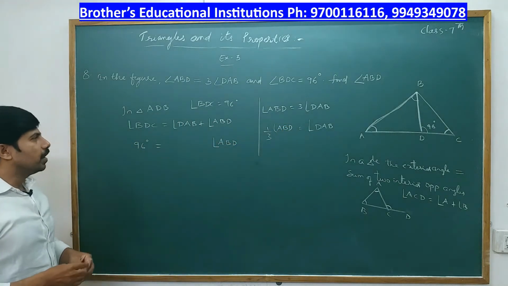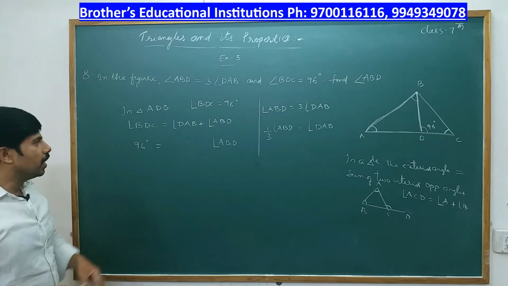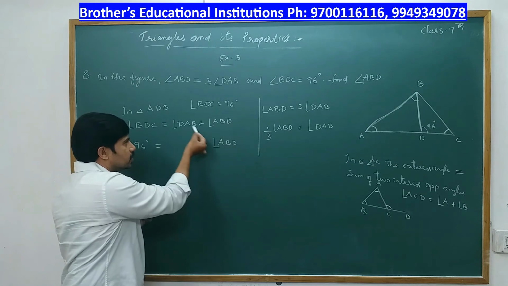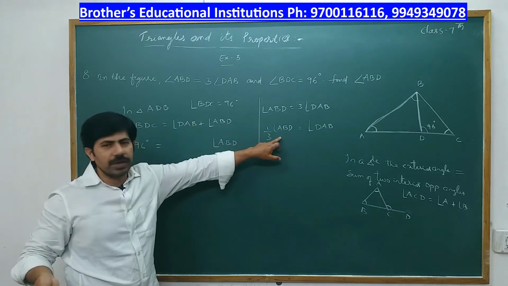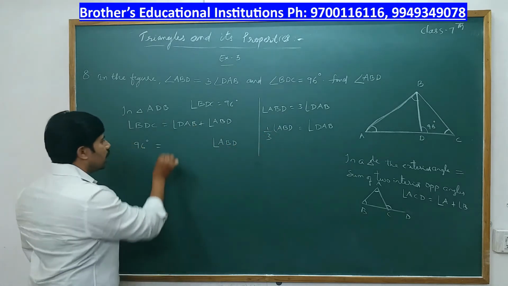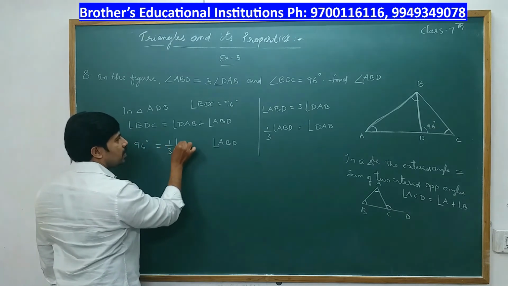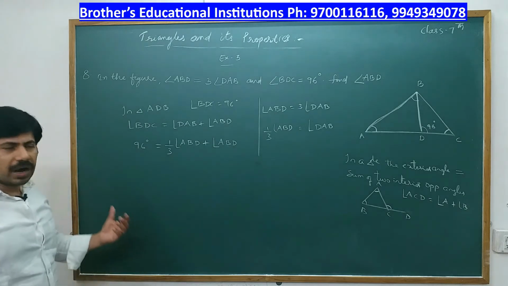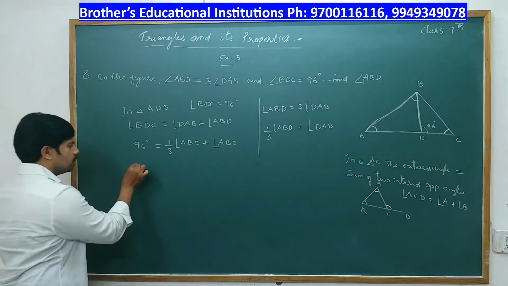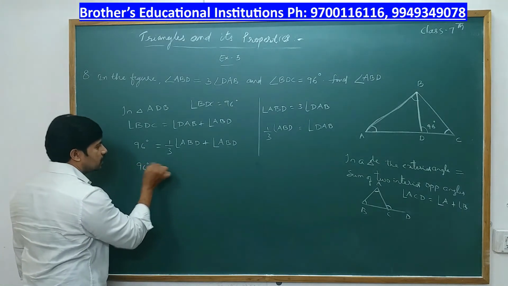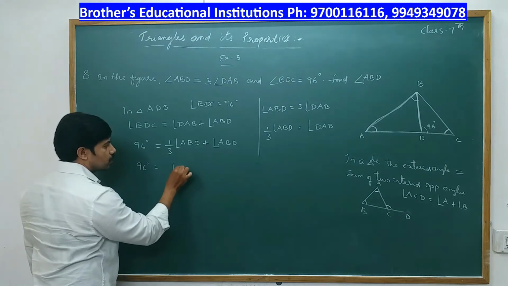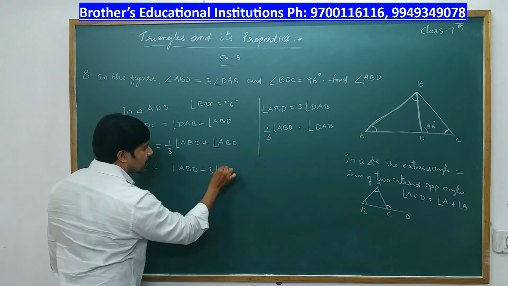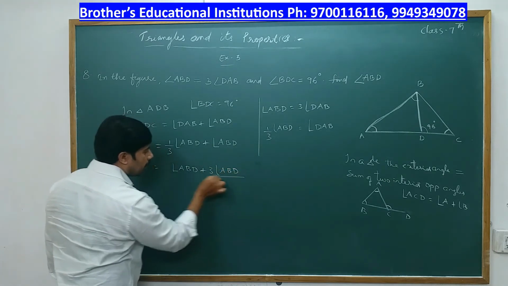Now as we need ABD, try to write the RHS in terms of ABD. Already we have ABD, so DAB also I'll write in terms of ABD. Instead of DAB, I'll write 1 by 3 angle ABD. After this, we'll simplify. I'll take LCM, which is 3. So angle ABD plus 3 times angle ABD by 3.